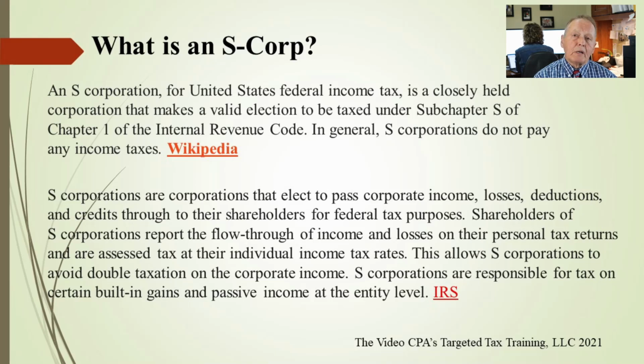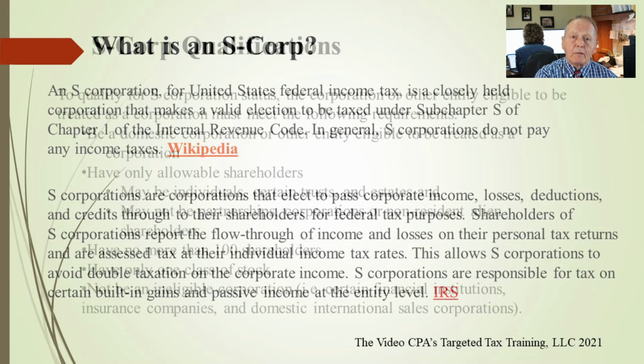There are some special situations where an S-Corp might pay taxes, but in most cases, the taxes are passed to the shareholders of the S-Corp. So it is a pass-through entity, a reporting entity. You have to file a tax return on it, certainly. And I have to tell you that an S-Corporation tax return is not always an easy tax return. In fact, it may be one of the most difficult tax returns that you would have for a small business. We'll get into that a little bit later.